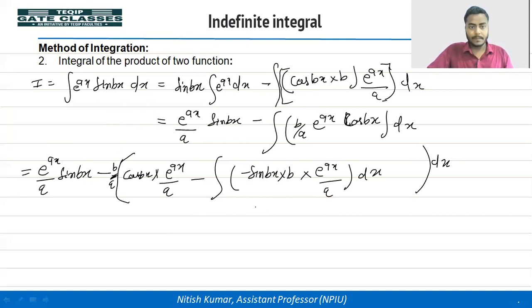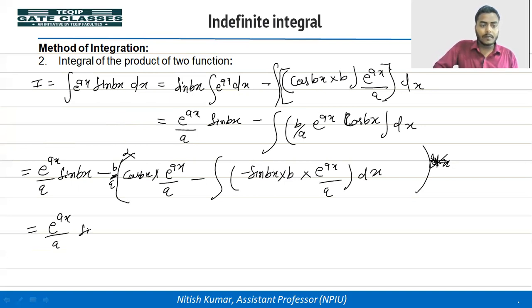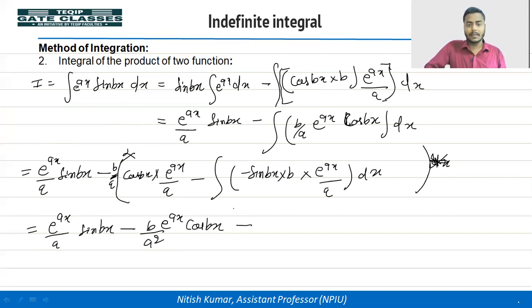Right? So you have to do the integration for this one. So we write it like this. What we get here: e to the power ax divided by a sin bx minus b by a square e to the power ax into cos bx, minus, that minus minus will be plus.